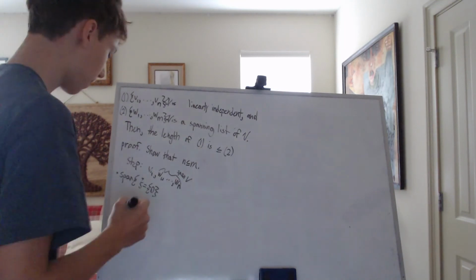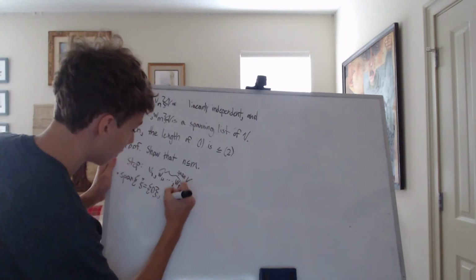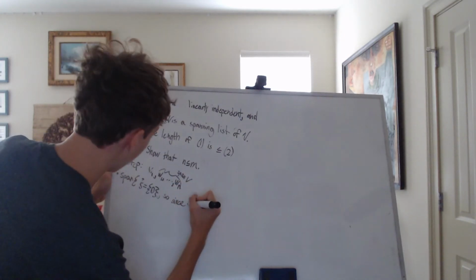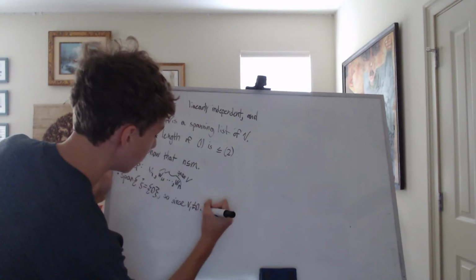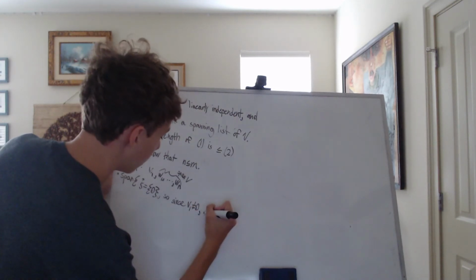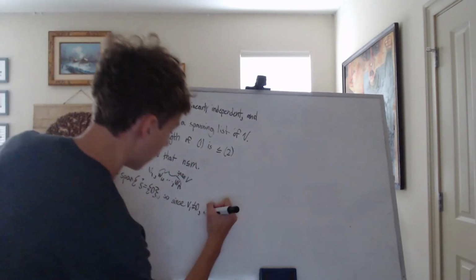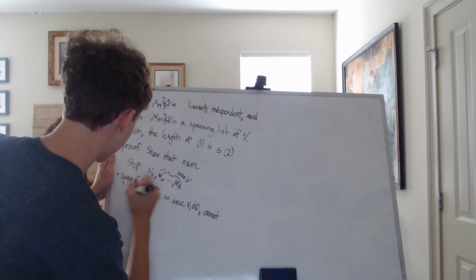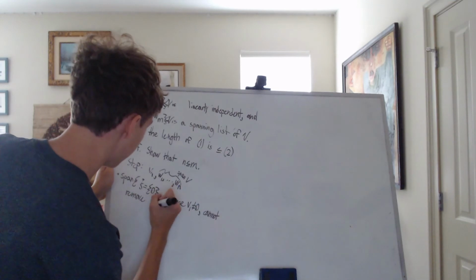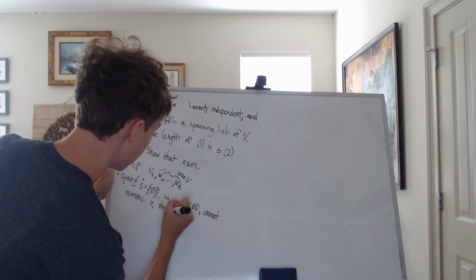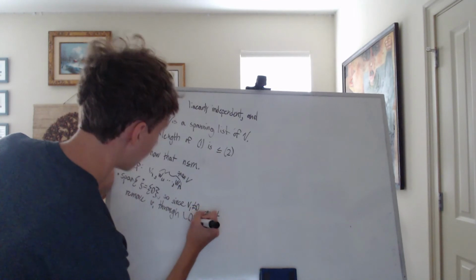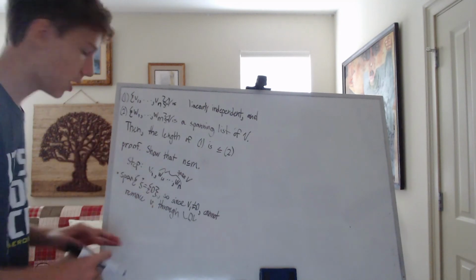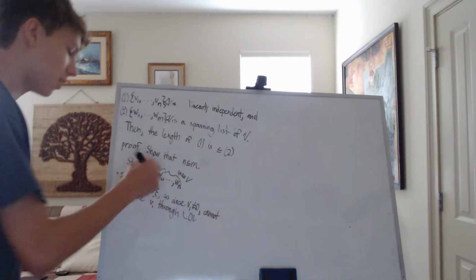And so we can write that out. Since v1 is not 0, we cannot remove v1 through the linear dependence lemma, LDL. I might be saying linear independence lemma accidentally, but you know what I mean.